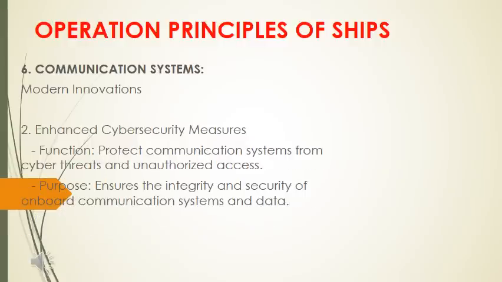The second is the use of enhanced cybersecurity measures. It can help to protect communication systems from cyber threats and unauthorized access. The purpose is to ensure the integrity and security of onboard communication systems and data.